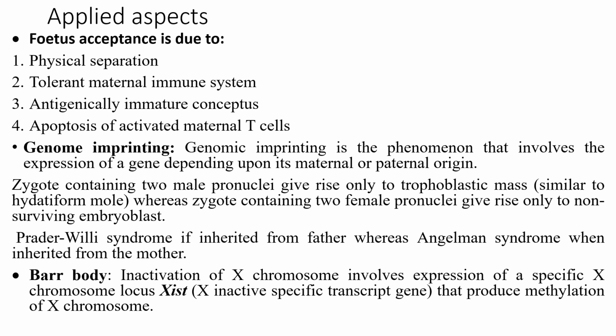So the same zygote is there, but if there are two male pronuclei, it will lead to formation of a trophoblastic mass which may form a hydatidiform mole, and if the zygote is formed by two female pronuclei, it will give rise to an embryoblast which will not survive. Now why does this occur? It is due to genomic imprinting.